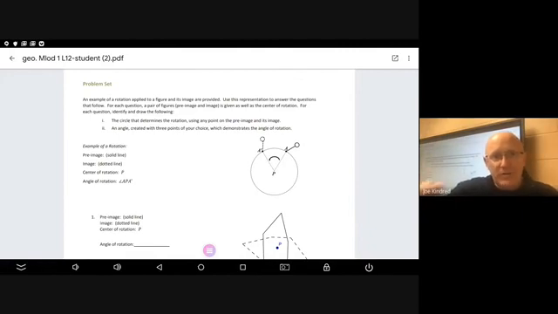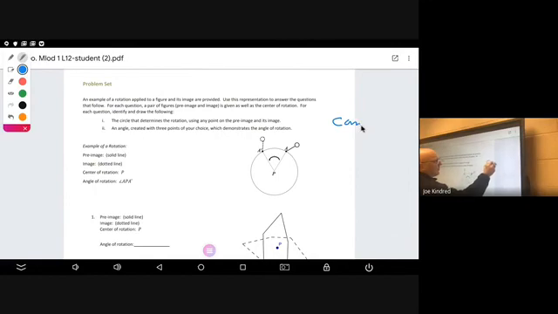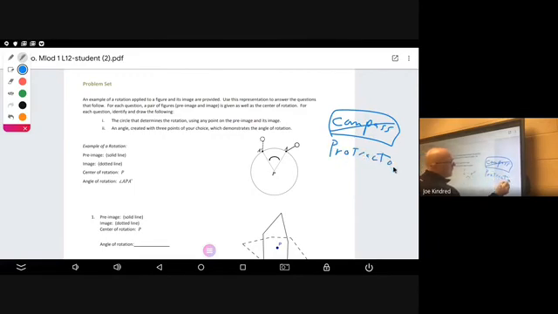What they're showing you here is a technique. You're going to need a compass. In fact, you're probably going to need even more than a compass. You're going to need a protractor, which I believe it mentions, is going to be necessary in order to measure the angle measure.